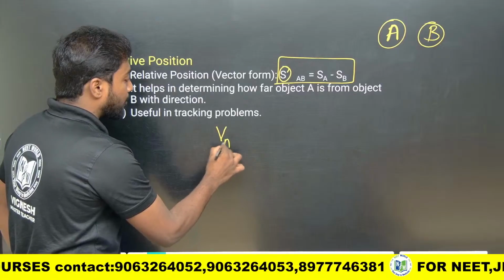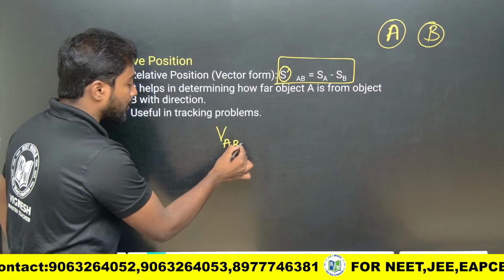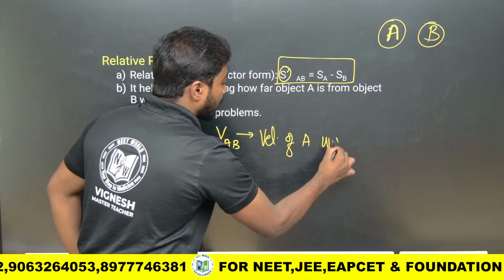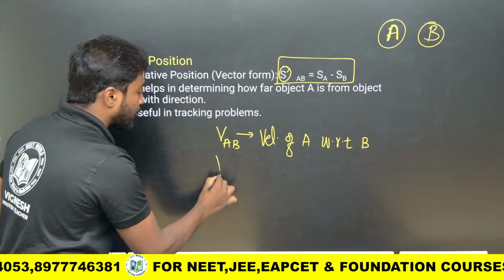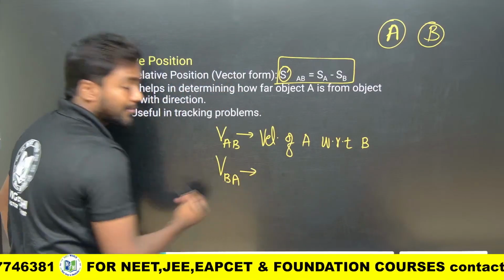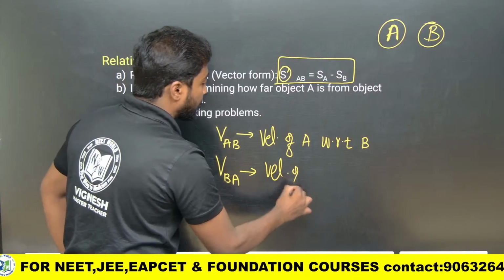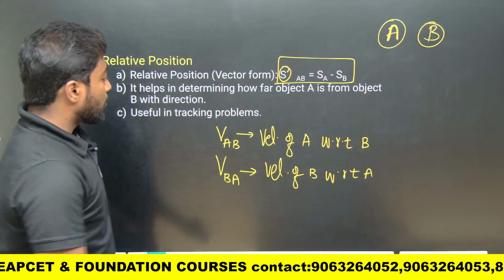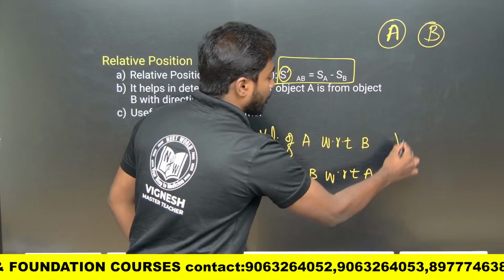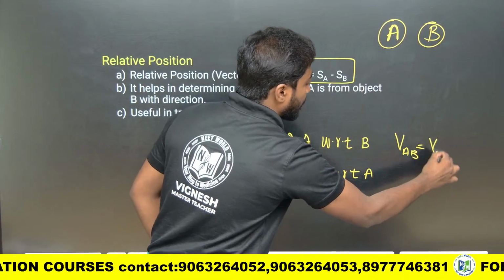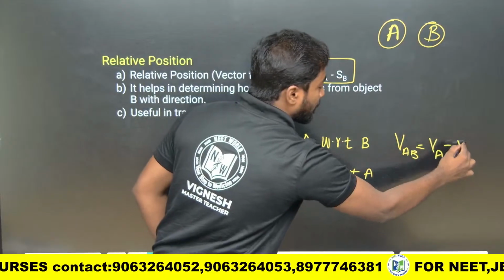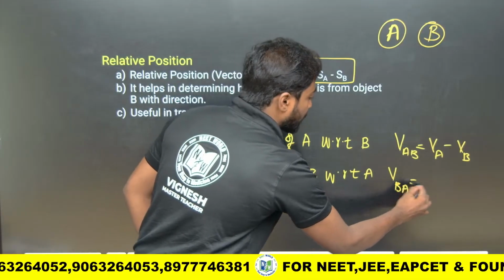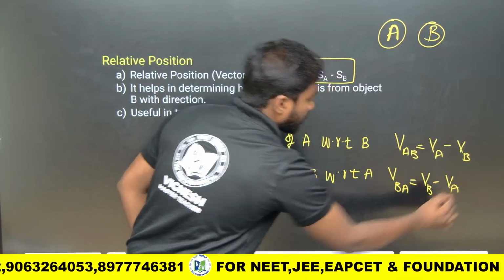VAB is the velocity of A with respect to B, or if I write VBA, that is the velocity of B with respect to A. If I want to find VAB, this is the formula: VAB equals VA minus VB. Now VBA is nothing but VB minus VA, understood.